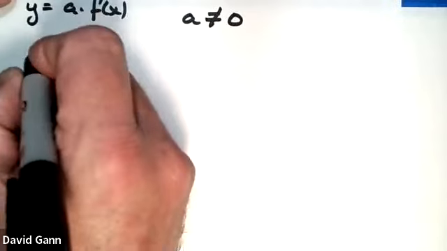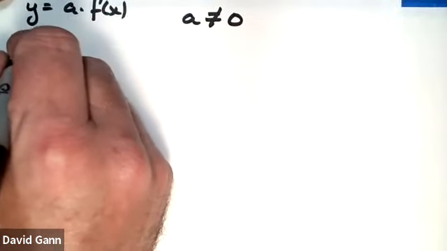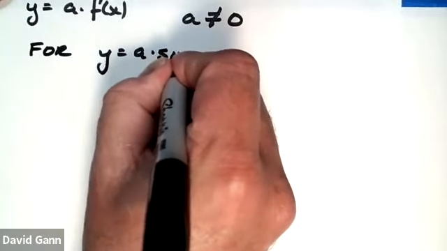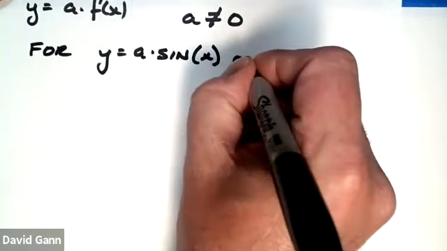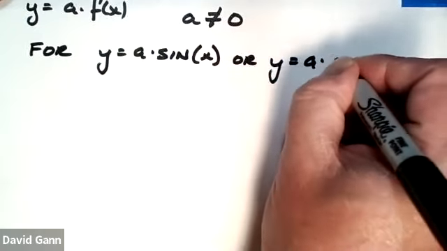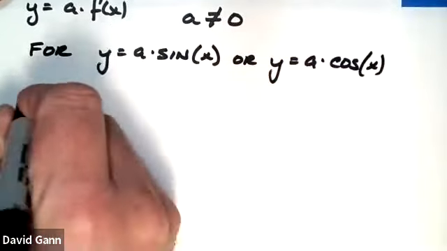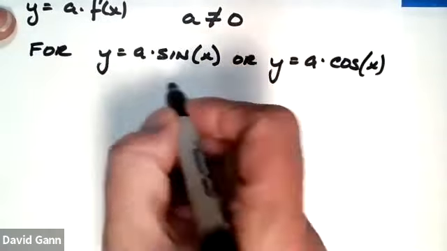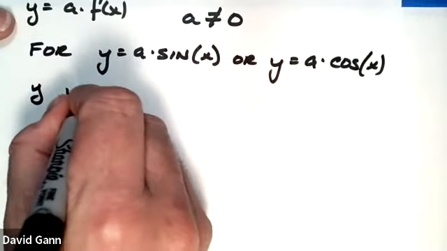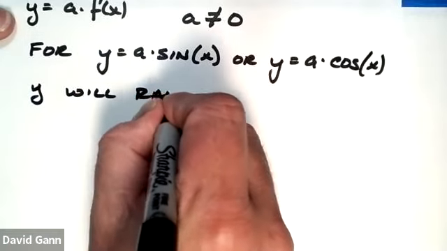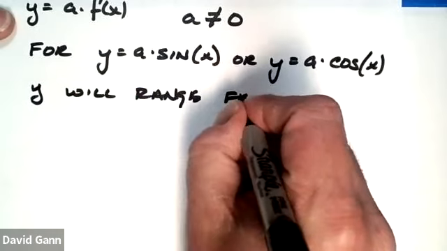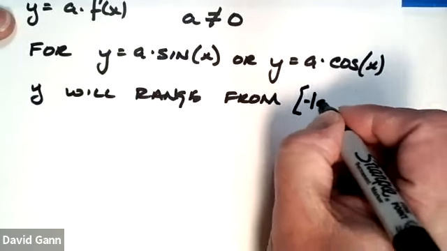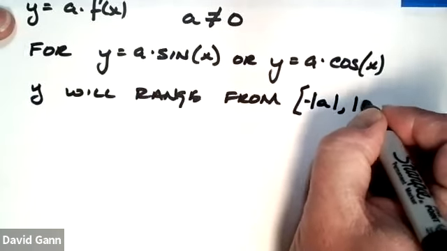So for these functions, y equal a times sine of x, or y equal a times cosine of x, y will range from the closed interval negative absolute value of a to positive absolute value of a.